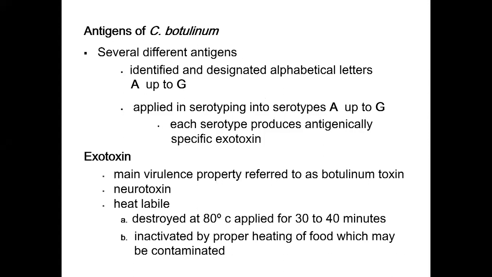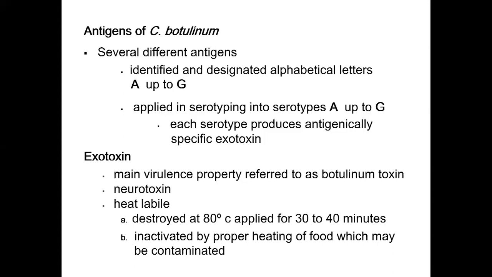It has antigens like the other species, identified and designated by capital letters A up to G. Those antigens are important when it comes to serotyping, and serotyping is important because of the toxins produced by each serotype.